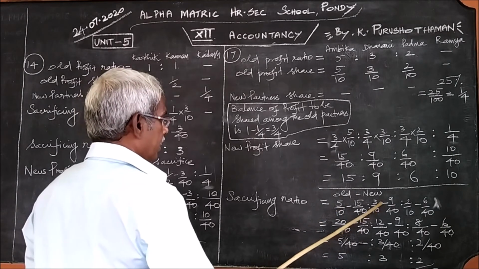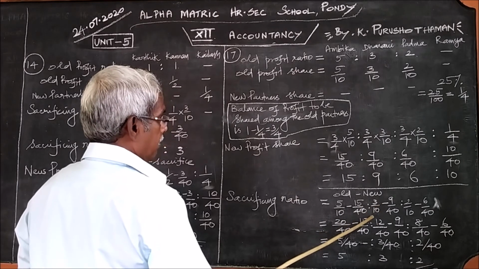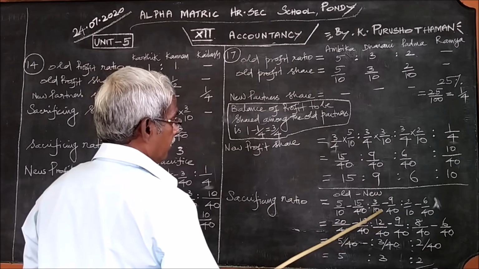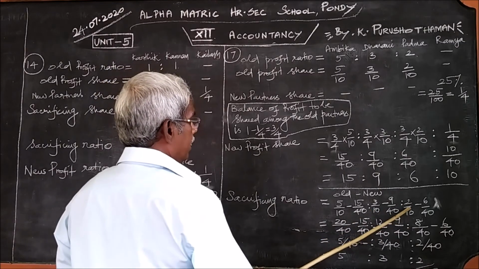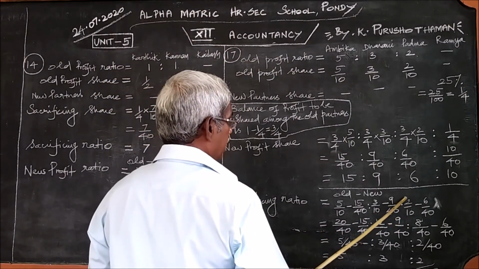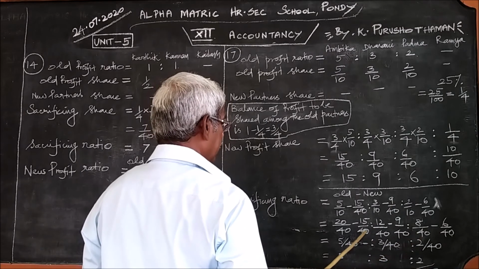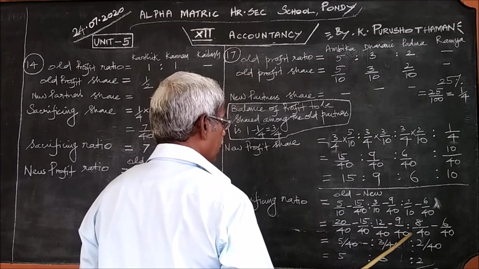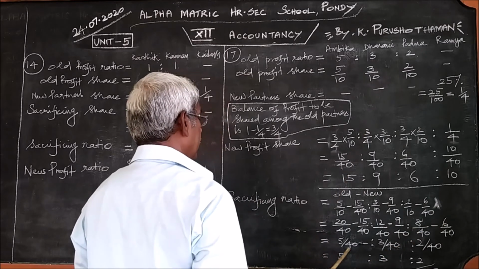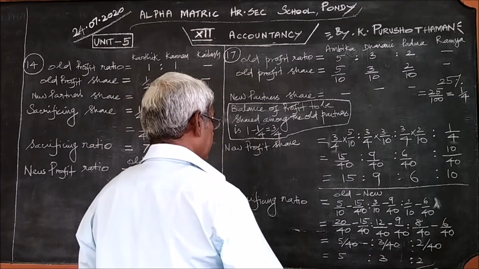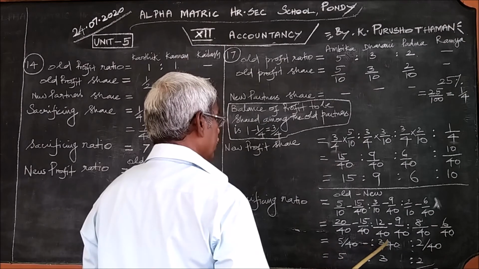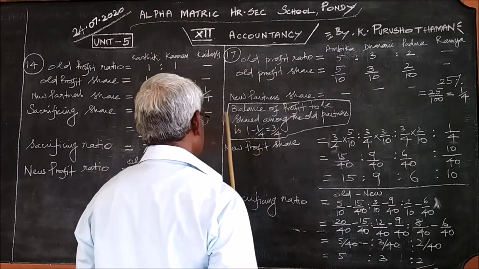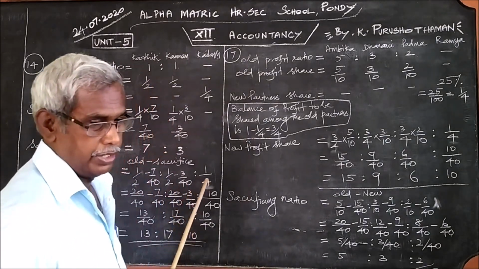Here also, multiply the denominator by 4, then the numerator also by 4. Here also, denominator by 4, numerator also by 4. So now the denominators are equal; subtract the numerators. Since the denominators are equal, we can write the numerators as they are: 5 is to 3 is to 2. This is the sacrificing ratio.